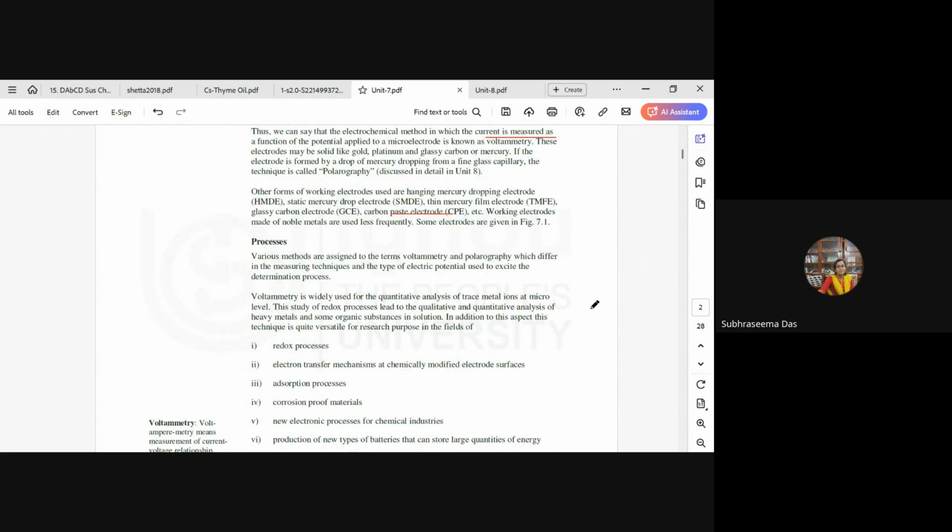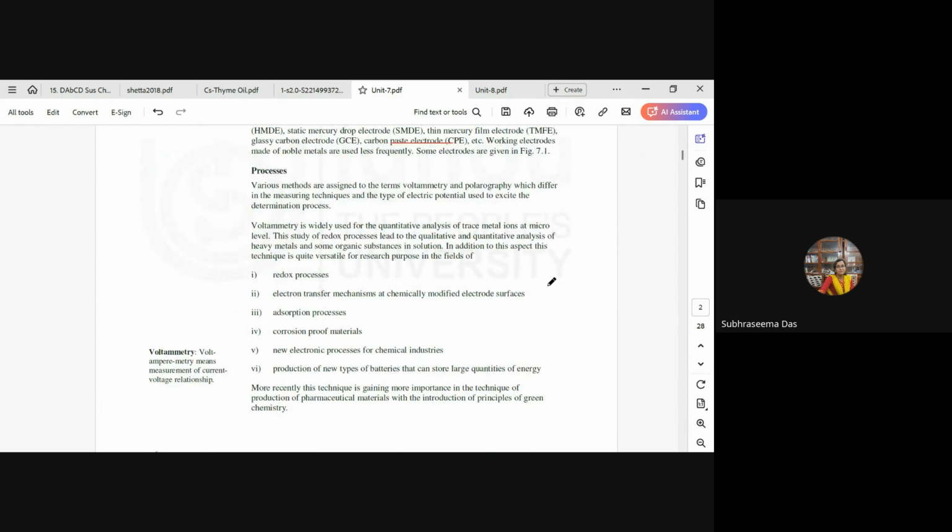Now coming to the general process of voltammetry. Various methods are assigned to voltammetry and polarography. Voltammetry is widely used for the quantitative analysis of very trace metal ions, even at the micro level. It is a very versatile process, and it is used in the fields of redox reactions, electron transfer mechanisms, adsorption processes, corrosion proof materials, new electronic processes, and production of new types of batteries.